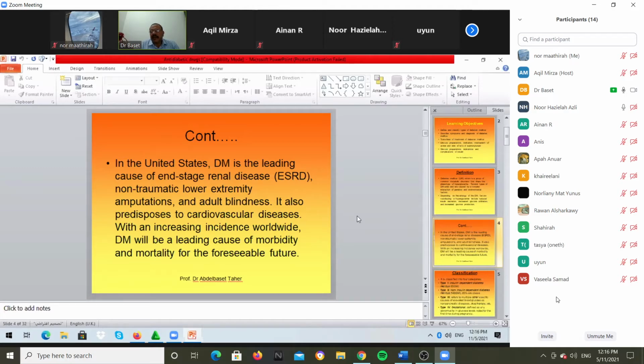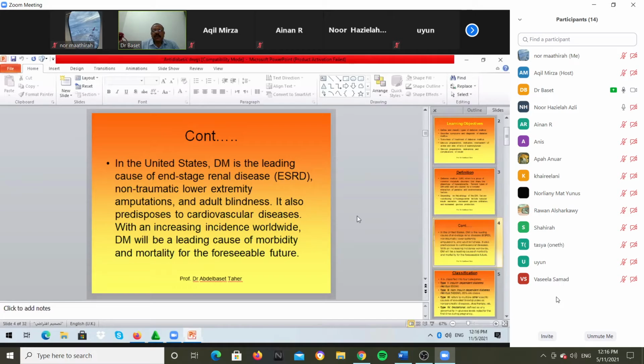Also regarding ophthalmology, a big number of adult blindness cases are due to diabetes. So diabetes is a leading cause for three main problems: renal disease, amputations, and adult blindness due to diabetic retinopathy.